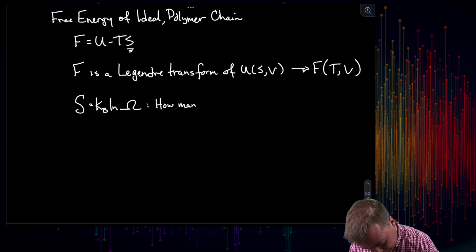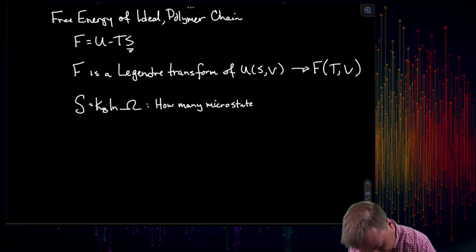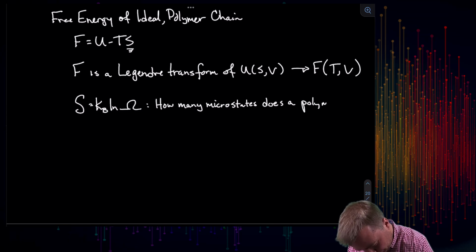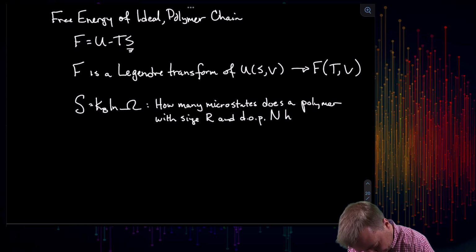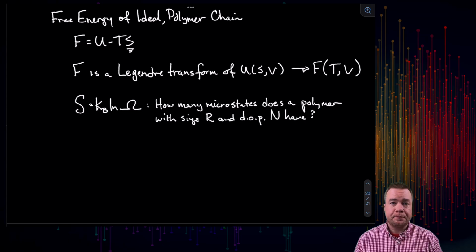So how many microstates does a polymer with size r and degree of polymerization n have? To do this, we need to make a connection to all of the random walk stuff that we already talked about. So if you're a little fuzzy on that, I encourage you to watch that video again, or at least the parts that have to deal with this.